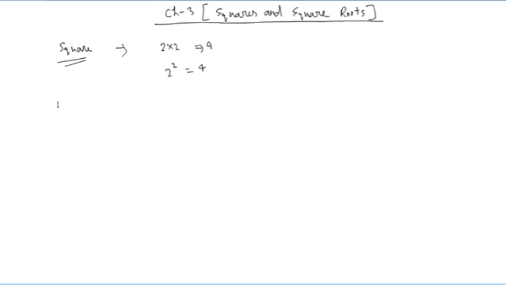So 4 is a natural number which is a perfect square, the square of the natural number 2.